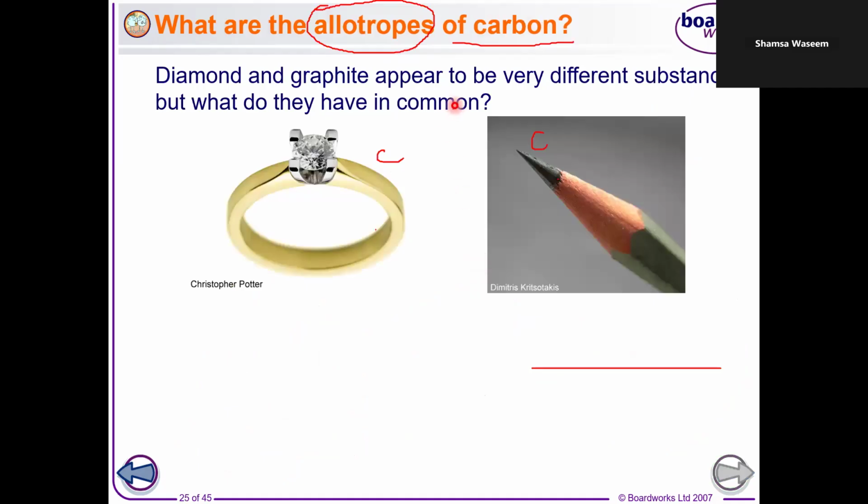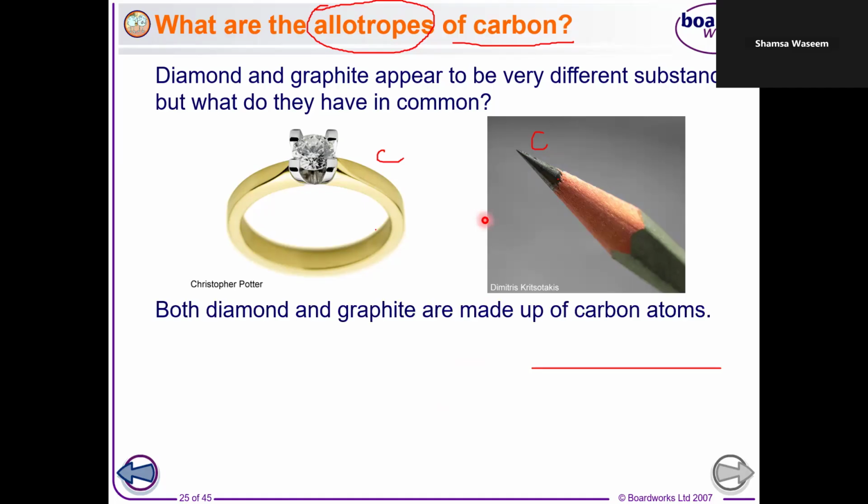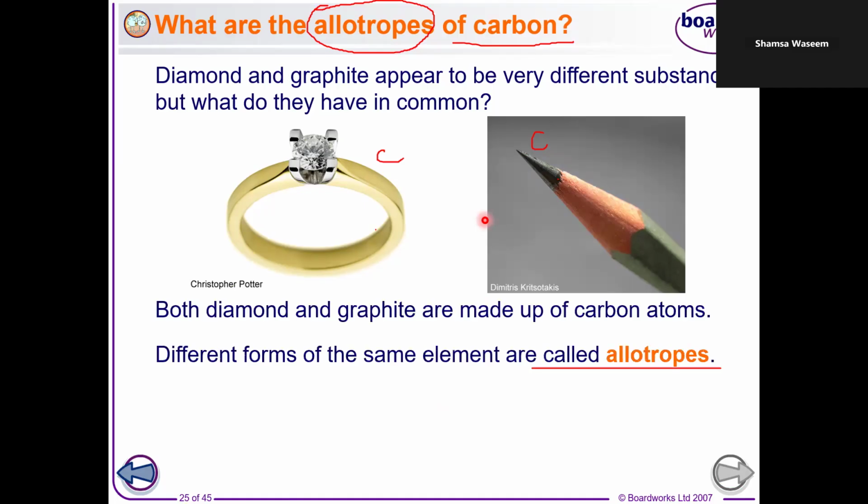Now, what are the allotropes of carbon? Diamond and graphite are allotropes of carbon. What is the similarity? They both contain carbon atoms, but they have different properties because of the arrangement of atoms. What is common in diamond and graphite is that they both are made up of carbon atoms, right?